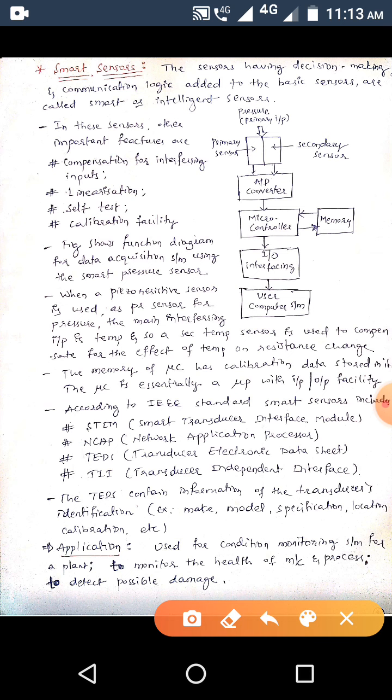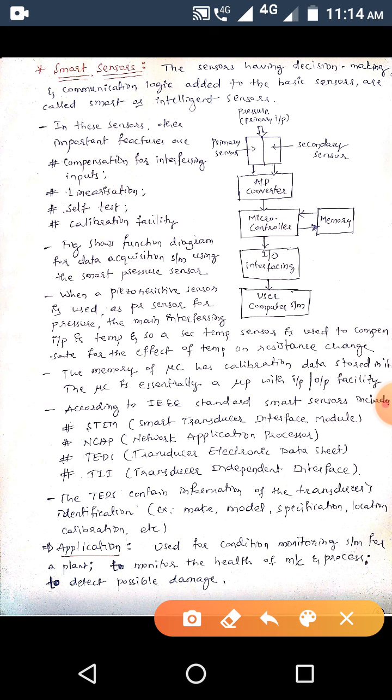Then what are the main applications or uses of these smart sensors, where we are going to use them? This type of intelligent sensor is used to identify the condition of the system in a plant, whether the system is working properly or not. To identify that, we are going to use these smart sensors.